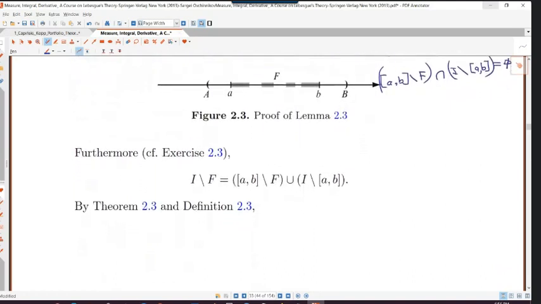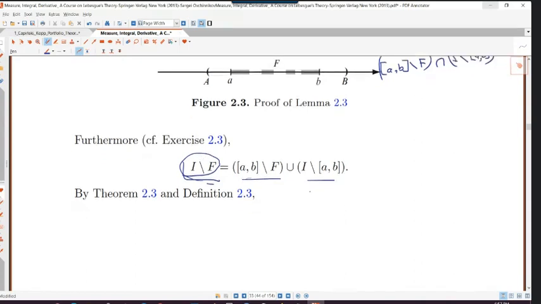Now I except F is (A, B) except F union with I except [A, B], and they are disjoint open sets. So the measure of this set is the sum of the measures of these two open sets.